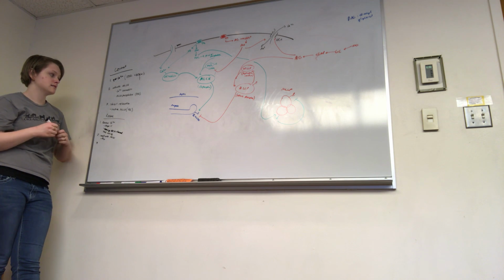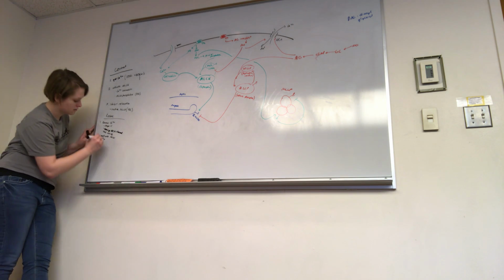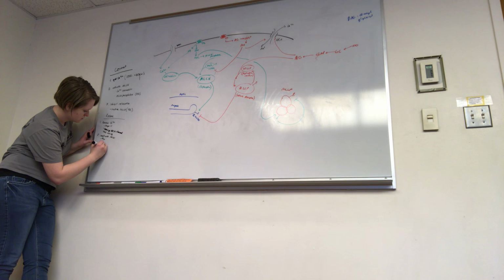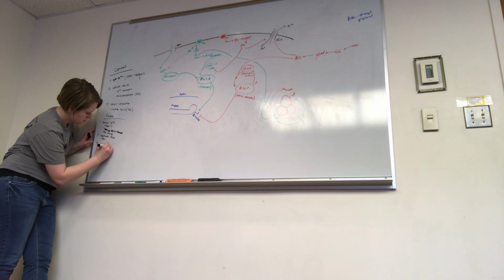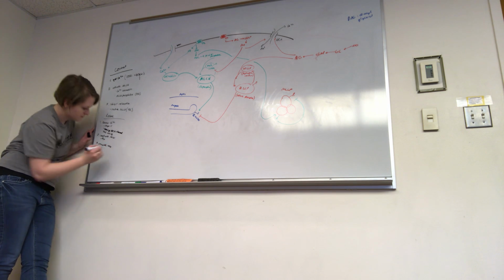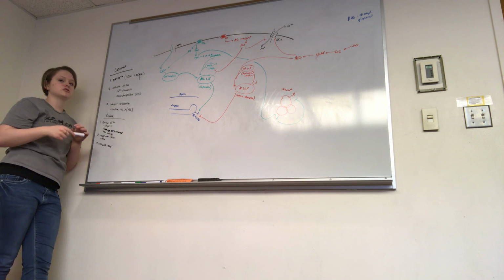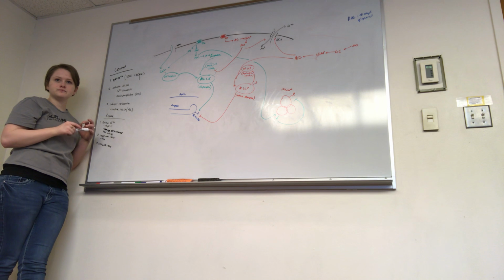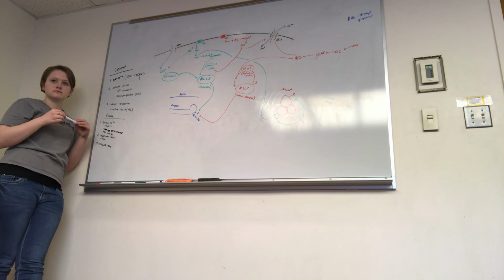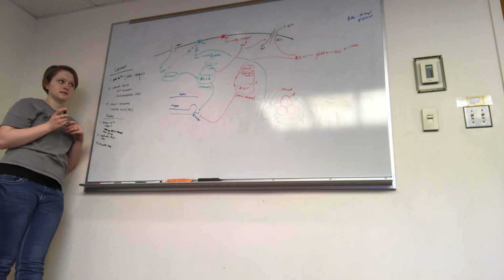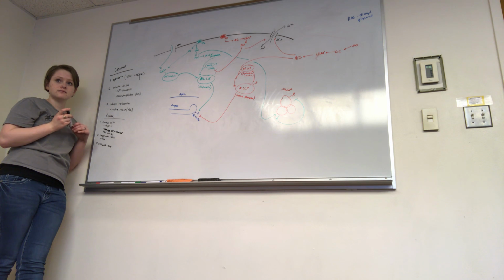So it's going to be stimulating relaxation. Okay. Because when you inhibit an inhibitor, you stimulate. So how do we stimulate relaxation? With MLCP. And how do you turn MLCP on? PKG.